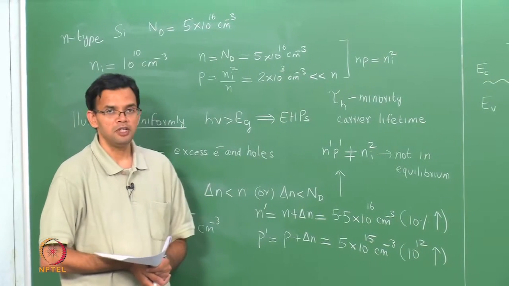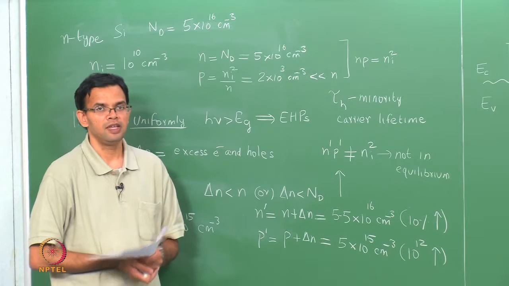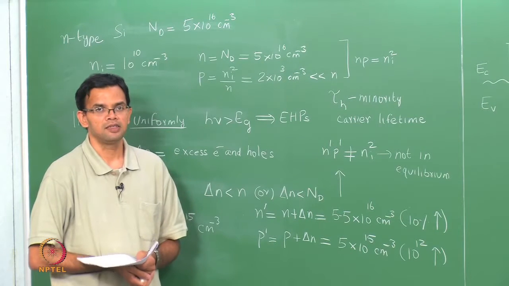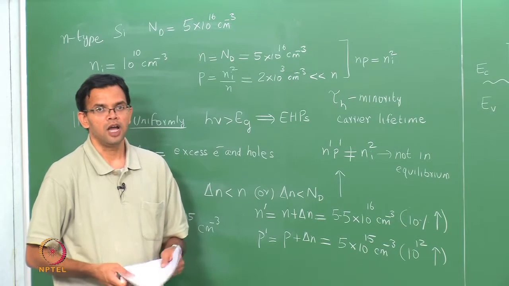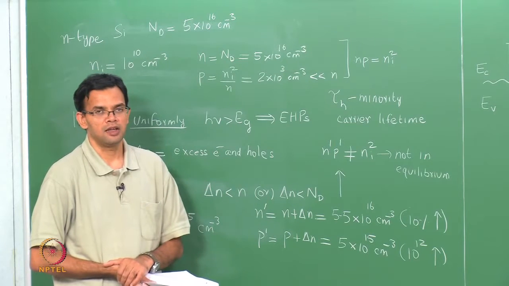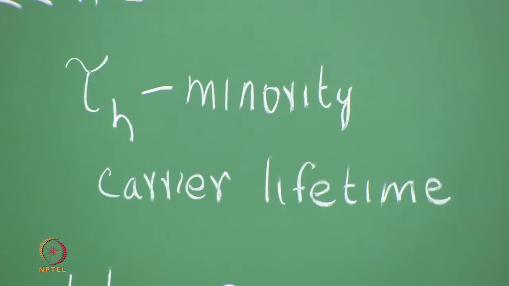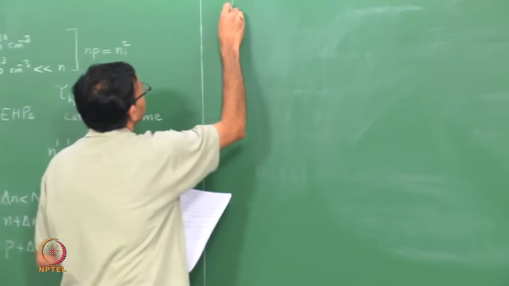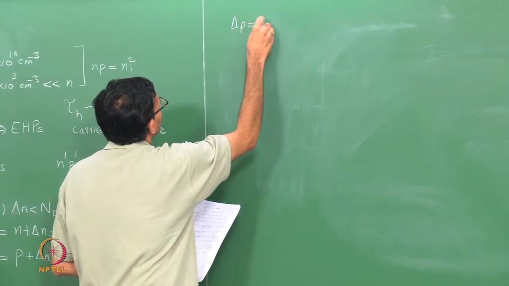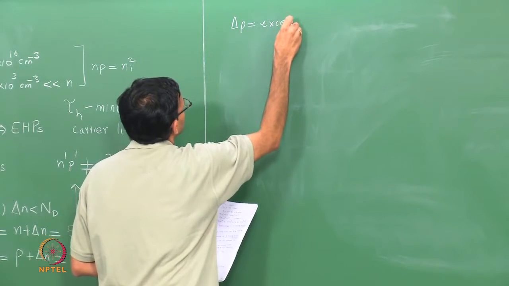So, it is possible to write an equation where we link the excess carriers that are generated to the amount of electron hole pairs that are created and the amount that is lost to recombination. So, let delta p be the excess holes.